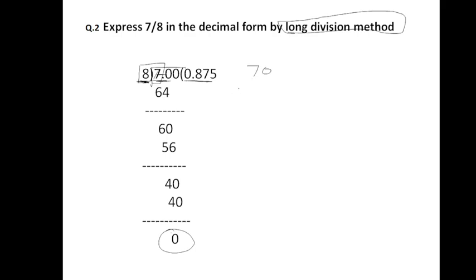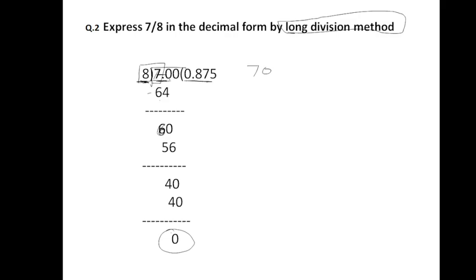Now 70 is divisible by 8. How many times? 8 times, because 8 into 8 is 64, and 70 minus 64, we got 6.